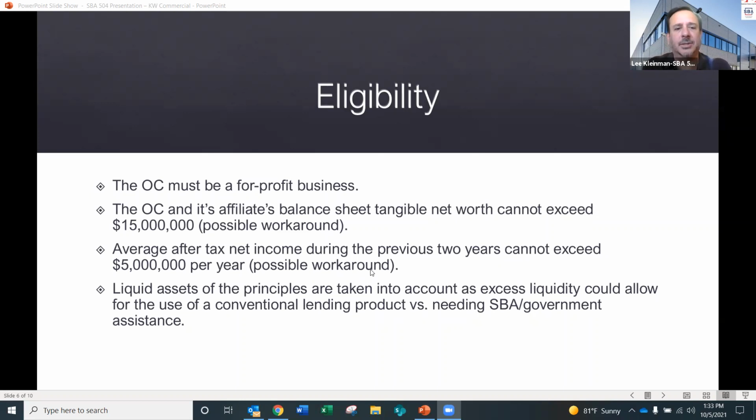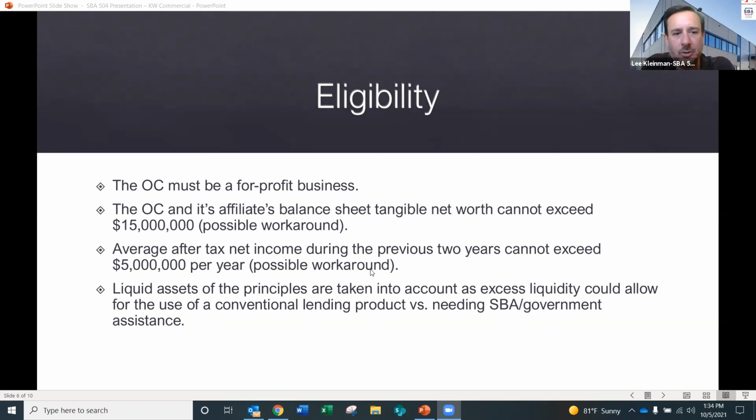And on these second and third items here, I put possible workaround because the government has size standards for the 504 program and size standards for the 7A program. Regarding bullet point number 2, about 2 weeks ago, I was given the opportunity to help a company. It was referred by the bank first mortgage lender.